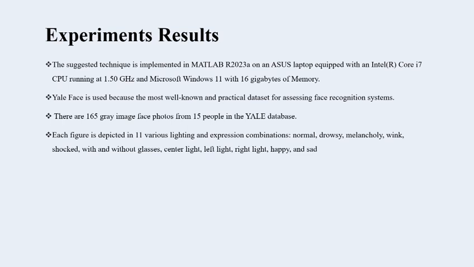There are 165 gray images from 15 people in the Yale database. Each person has 11 different lighting and expression conditions, such as normal, heavy, side light, left light, right light, center light, with and without glasses, and others.